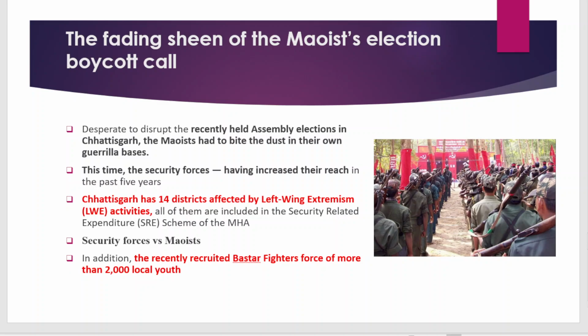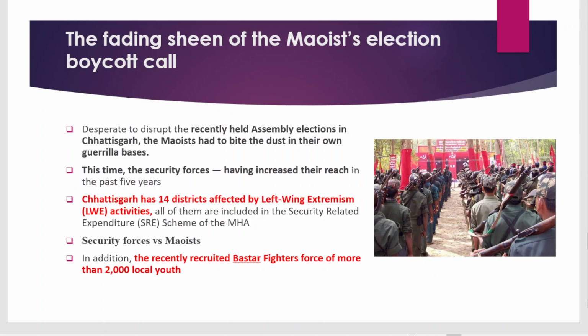That is how Chhattisgarh and its citizens took the decision that they will vote in the election and will not support the extremist group; they need development rather than underdevelopment. So that's the point.